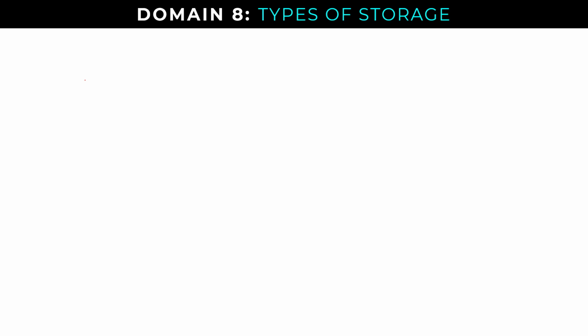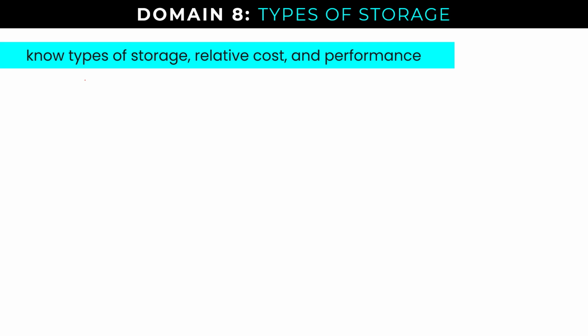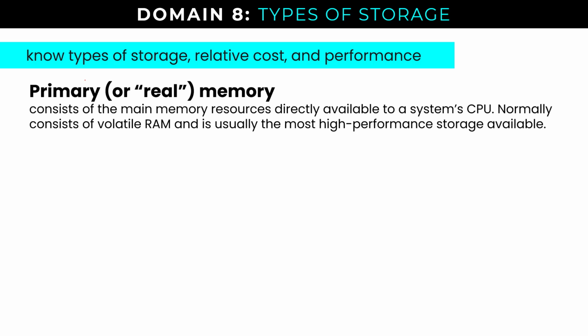Now you'll also be expected to be familiar with the various types of storage and their relative cost and performance on the exam. And by relative cost and performance, I mean less expensive, more expensive, faster, slower, volatile, non-volatile, etc. So not actual numbers or costs, just relative or comparative costs.